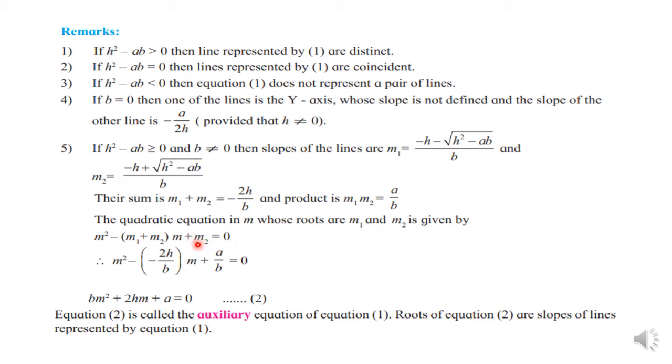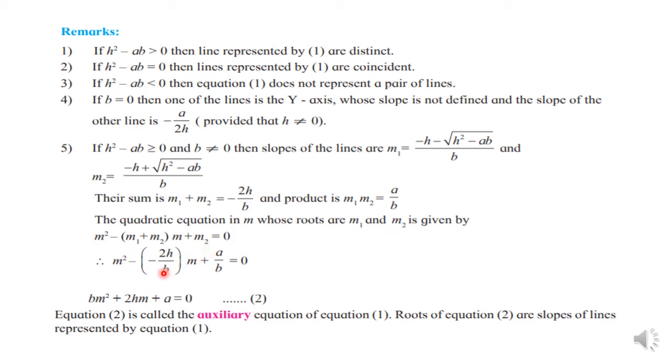There is a misprint over here. It is m1 into m2 is equal to 0. It is the same thing as if the roots of a quadratic equation are alpha and beta, then the equation can be written as x square minus alpha plus beta x plus alpha into beta. x square minus sum of the roots into x plus product of the roots is equal to 0. That same thing has been written over here.